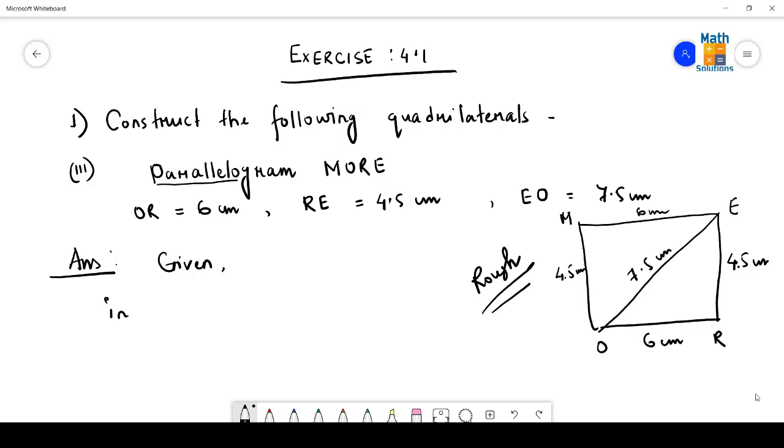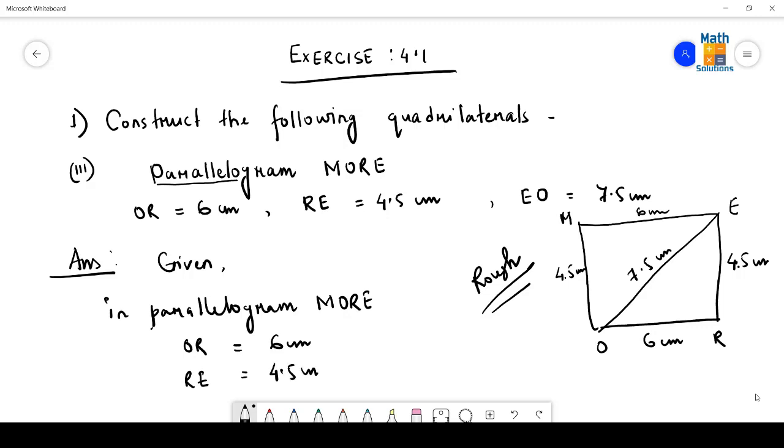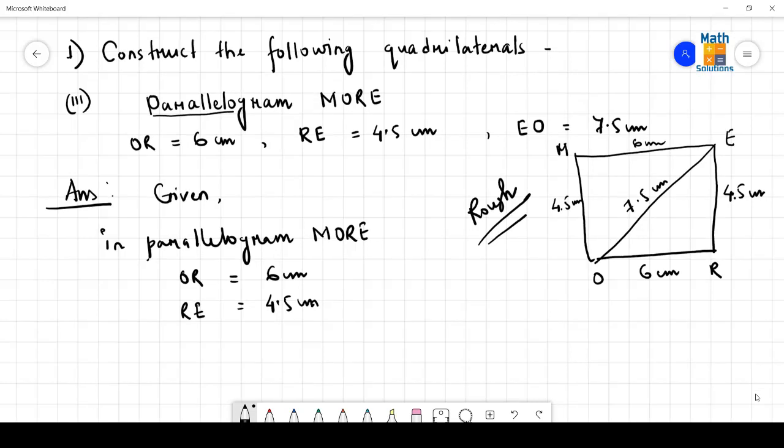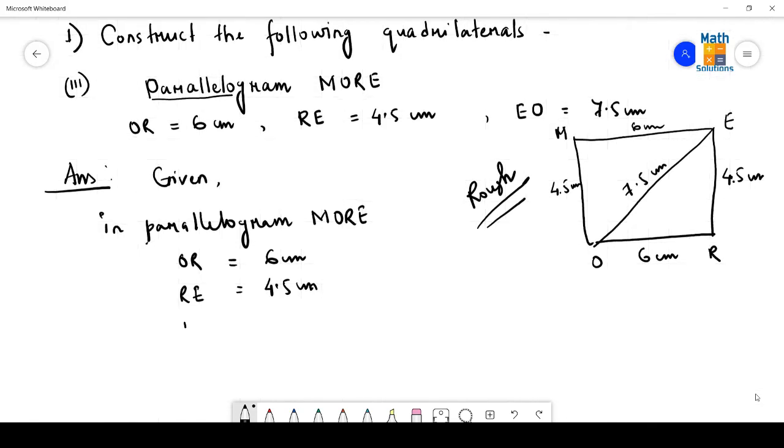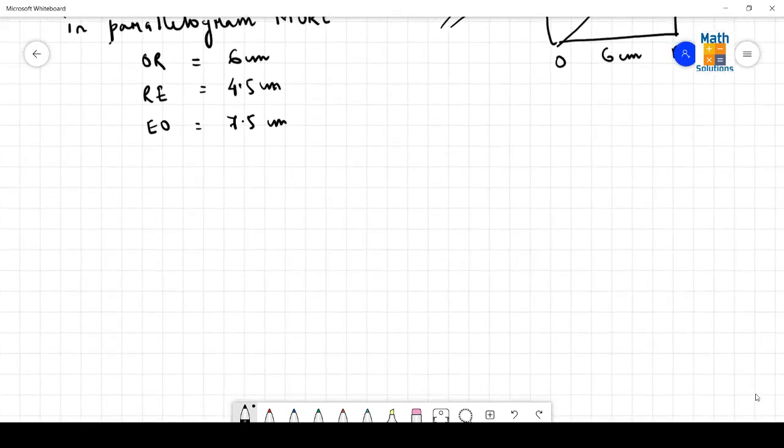Given in parallelogram MORE, OR is equal to 6 cm, RE is 4.5 cm, and EO is 7.5 cm. Let us come to the main construction part now. These values will be required later on.